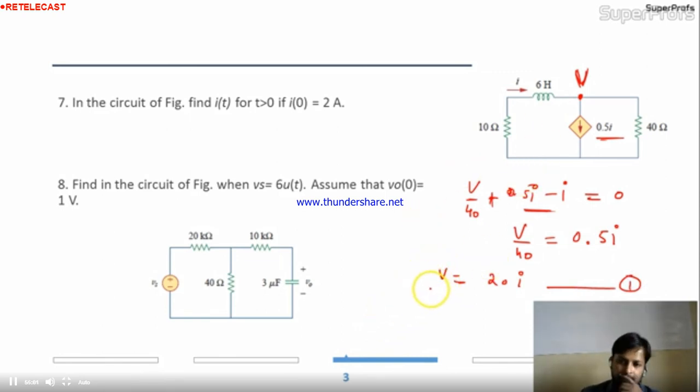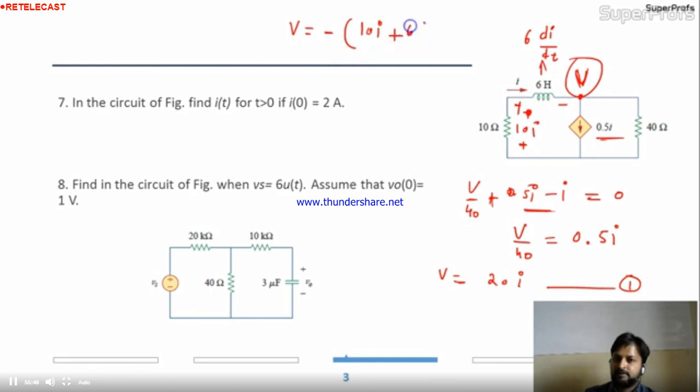Okay. Now, what is V? Tell me the voltage drop over here. Plus minus 10 I. What is the voltage drop across this? L di by dt. If you remember, L is 6, di by dt. Direction is plus minus. So this V is nothing but minus of 10I plus 6 di by dt.